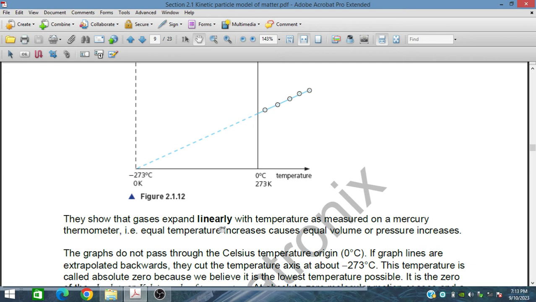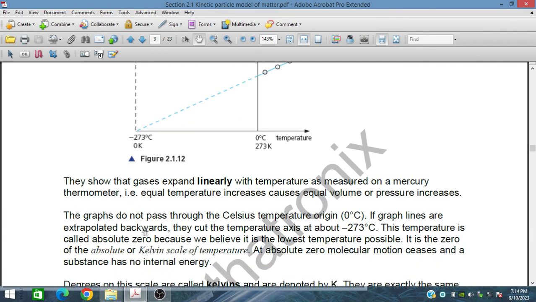This shows that a gas expands linearly with temperature. If we increase the temperature, its volume will increase. Similarly, the pressure will increase with temperature. Equal temperature increases give equal volume or pressure increases.